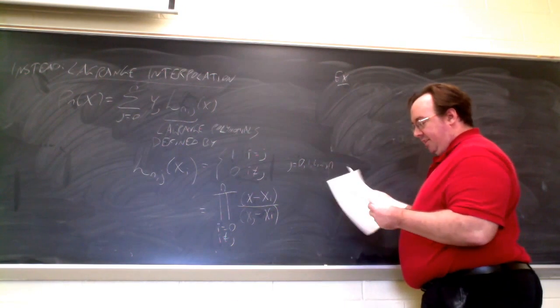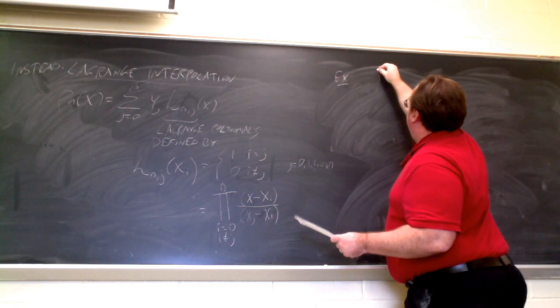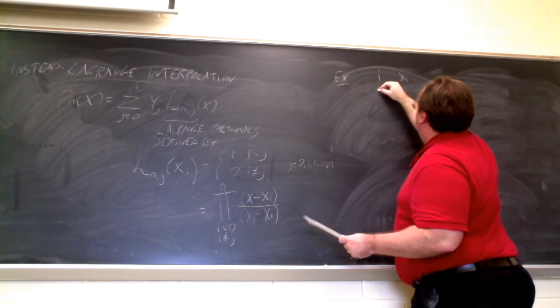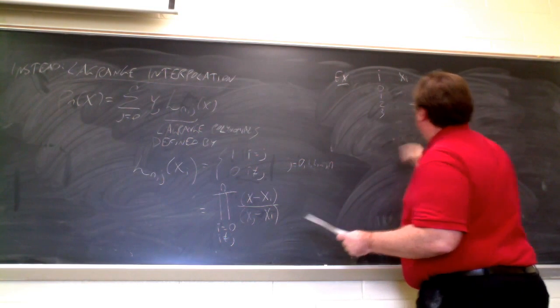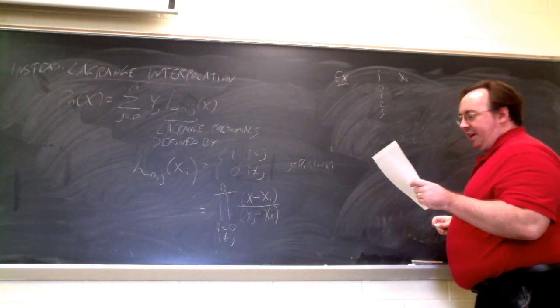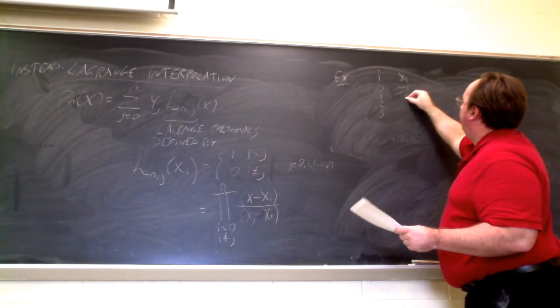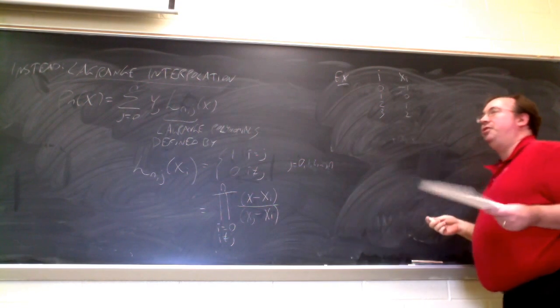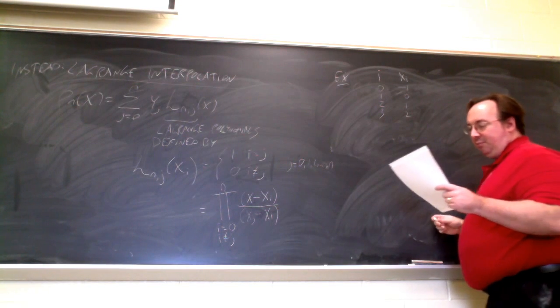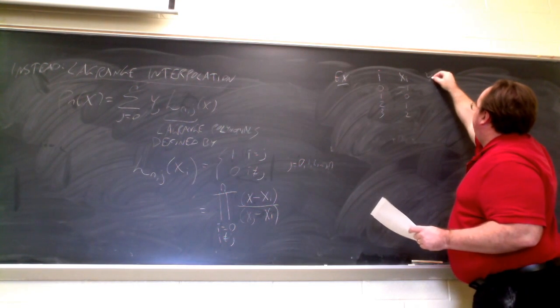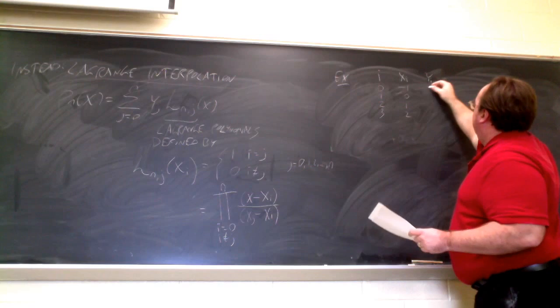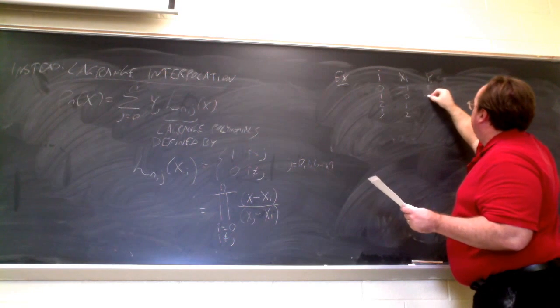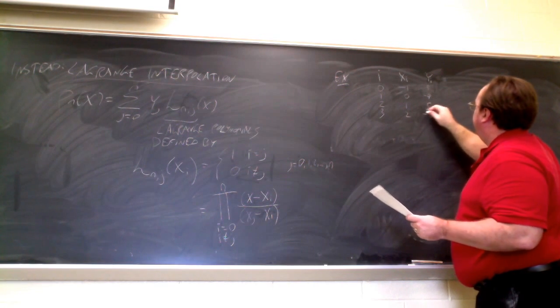So my data is, make a little table here. I'm going to have 4 points altogether, numbered 0, 1, 2, and 3. My x values will be -1, 0, 1, and 2. They do not have to be equally spaced. I just picked them for this example. And then my y values are 3, -4, 5, and -6.